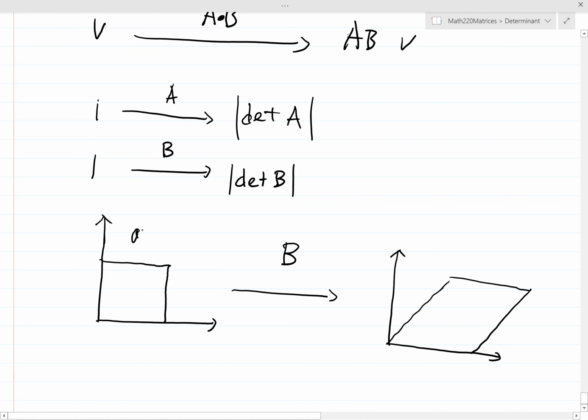This area is area 1. Remember, the determinant tells us how area changes.